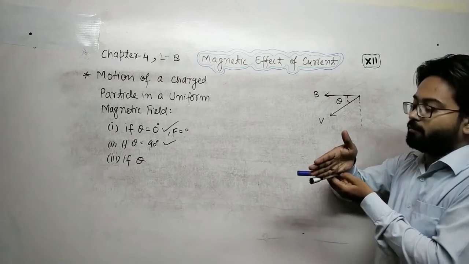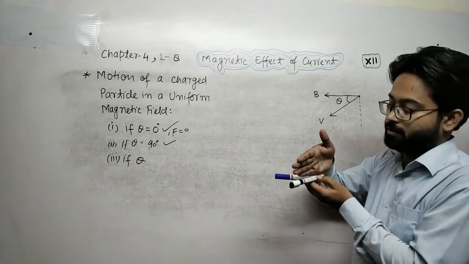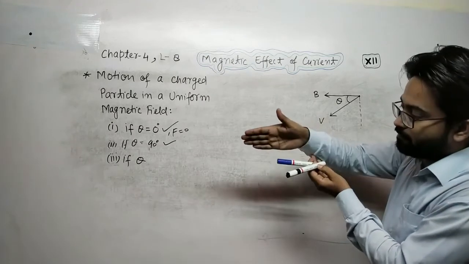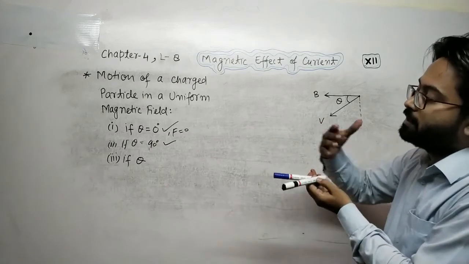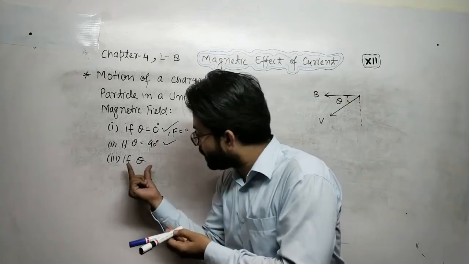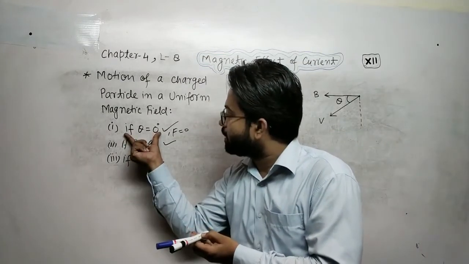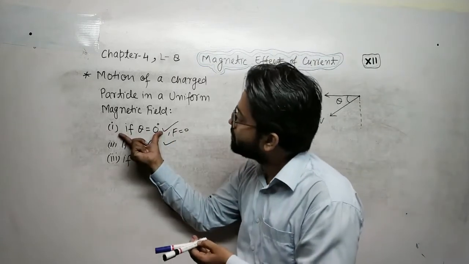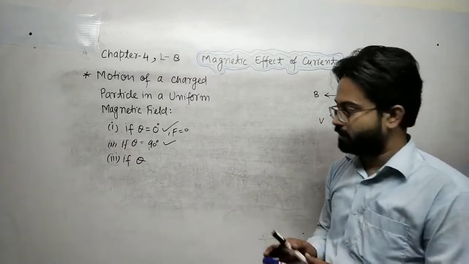The velocity can be resolved into two components: along the magnetic field, and perpendicular to the magnetic field. Means this velocity at angle theta can be broken into the component along the magnetic field and the component perpendicular to it.